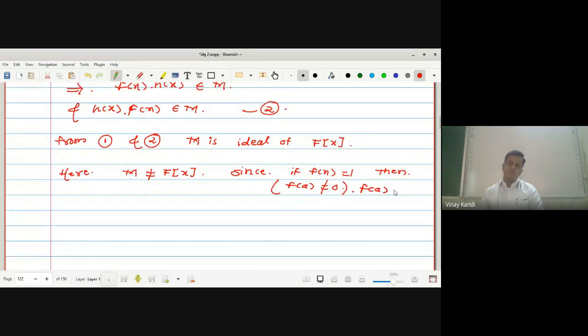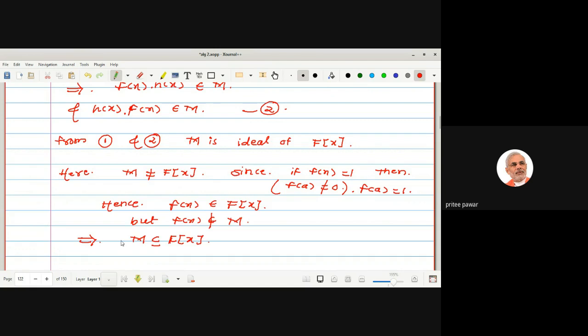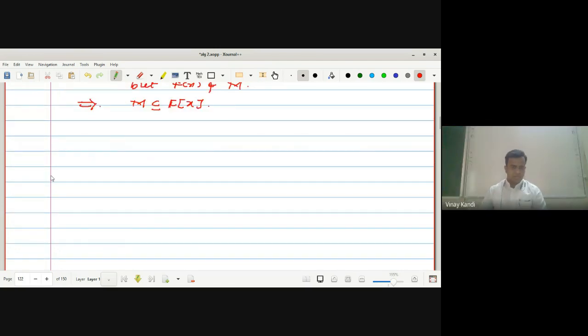So hence small f of x belongs to capital F of x, but small f of x does not belong to M. This implies M is a proper subset of capital F of x. Okay, any doubt up to here? No, sir. Okay, now the step number 2.